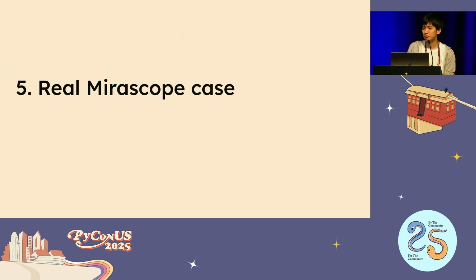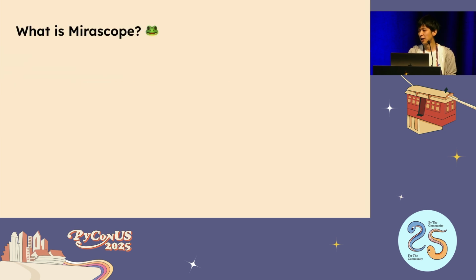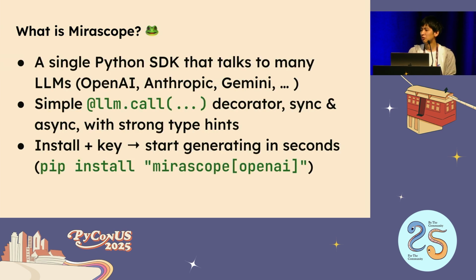Next, this is the real use case in the type. What is Mirascope? I work at Mirascope, and Mirascope develops OSS tools. It's a single Python SDK that talks to many LLMs, like OpenAI, Anthropic, and others.